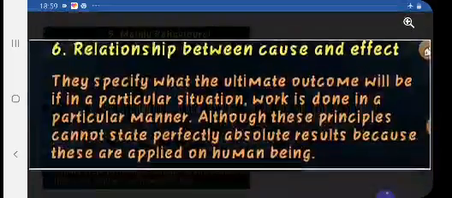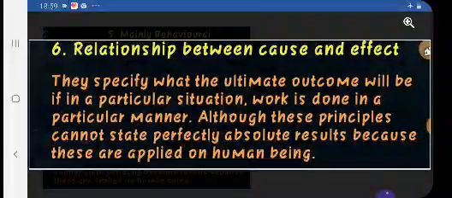Now next feature, relationship between cause and effect. They specify what the ultimate outcome will be if in a particular situation work is done in a particular manner. Although these principles cannot state perfectly absolute results because these are applied on human beings. Suppose I am taking one example.